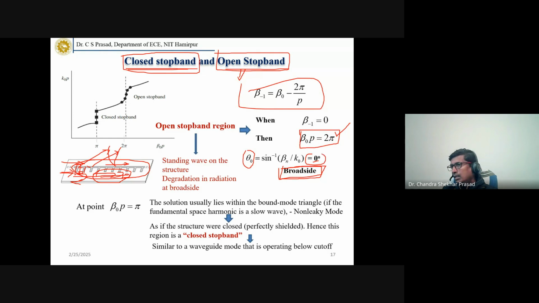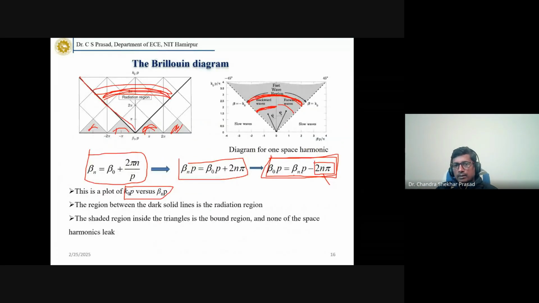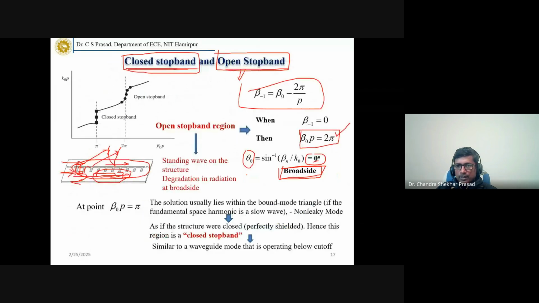That means in general you will not have good radiation at broadside. So when we are designing a leaky wave antenna and we want radiation at broadside, we have to mitigate this. This is one of the biggest challenges in designing a leaky wave antenna, and that is written here in text.